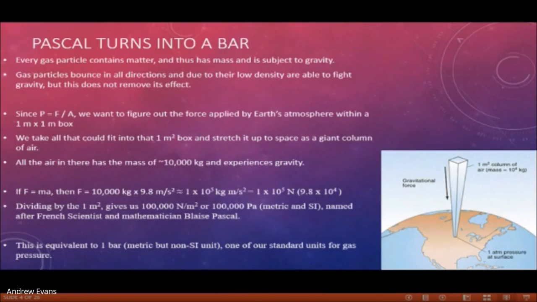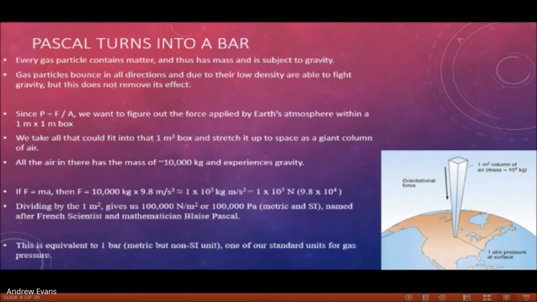Every gas particle contains matter, so every gas particle will also have mass. By having mass, it will be subject to gravity. Just because gases float doesn't mean gravity isn't pulling down on them. It's just that the kinetic energy is greater than the effect of gravity, so they're able to bounce upwards.